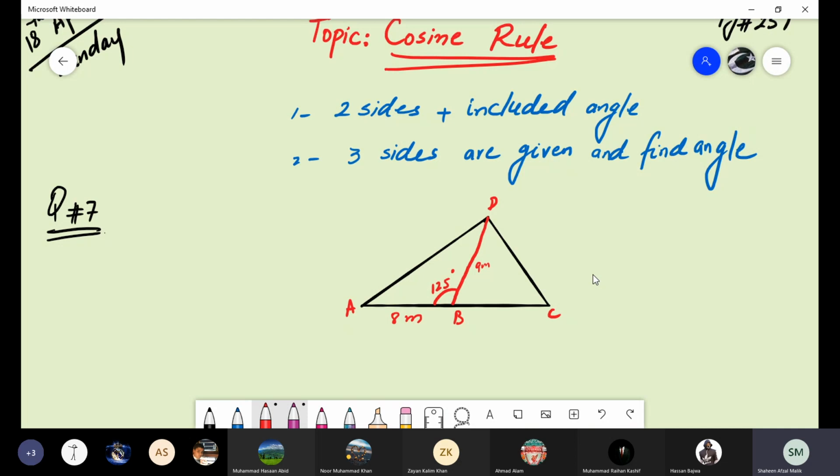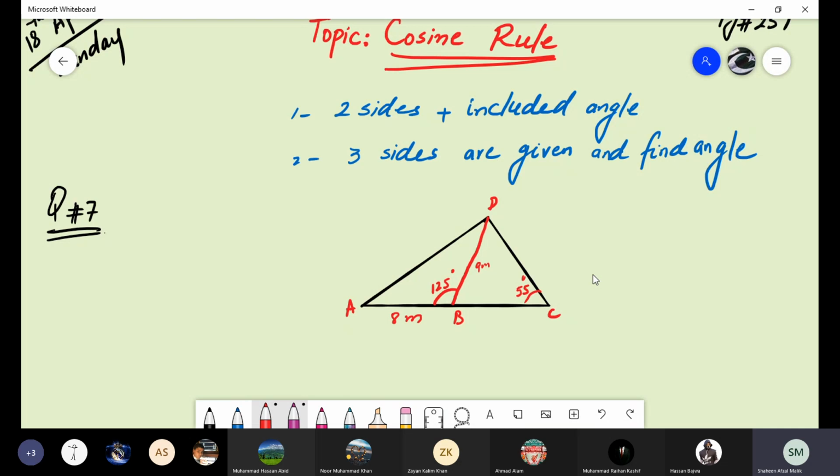The question is, in the figure, the point B lies on AC such that AB is 8 meters, BD is 9 meters, angle B is 125 degrees, and angle C is 55 degrees.